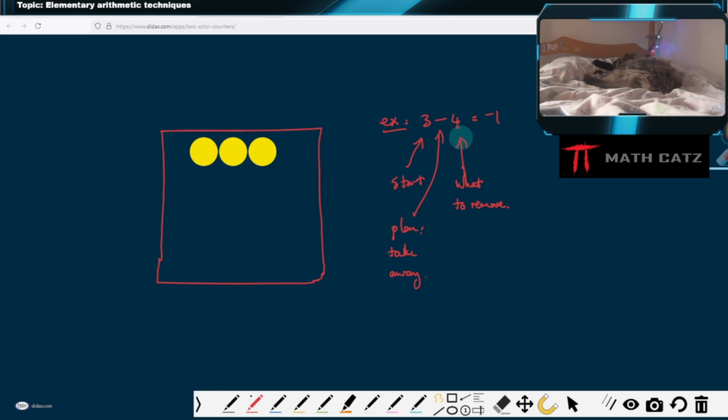I cannot complete the instructions, because the instructions require that I physically remove 4 yellow chips, and I cannot do that. So before I can follow the instructions, I need to make a visual adjustment. I need to adjust what I can see.